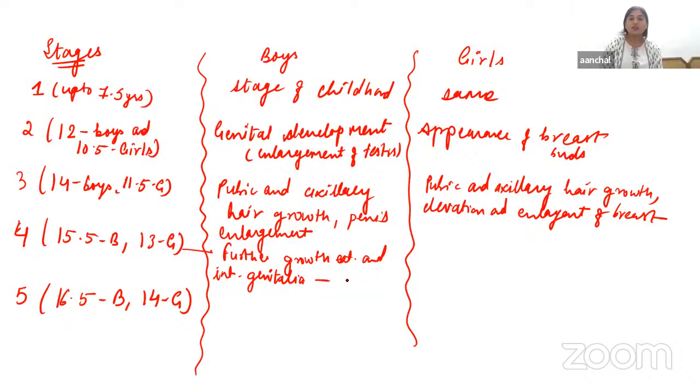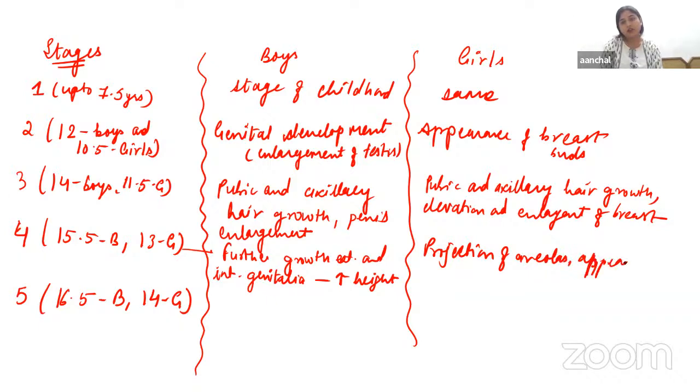Okay, and also increase in height. Then in females, in fourth stage, it will lead to projection of areola, appearance of menses takes place.